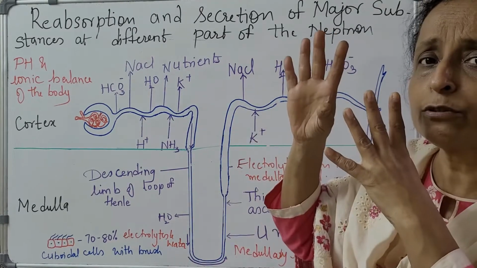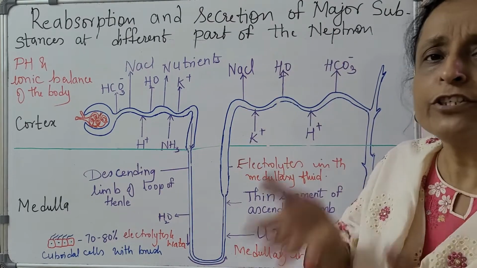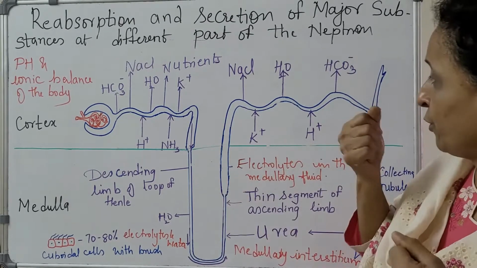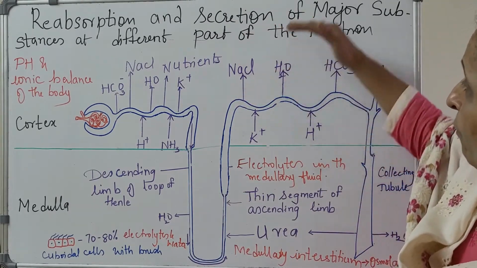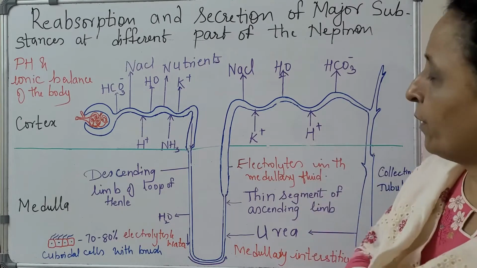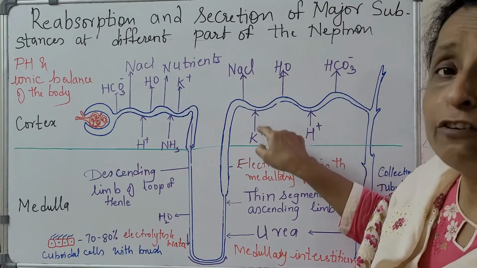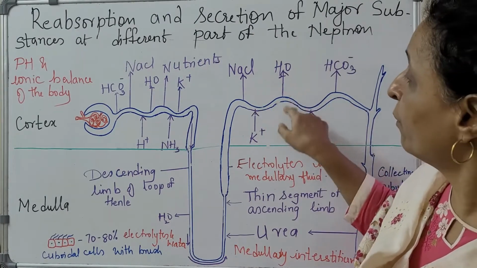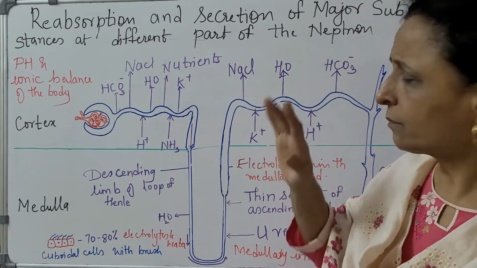Waste material has to go out, and whatever beneficial substance has to be reabsorbed. So here salt is reabsorbed, water is reabsorbed, bicarbonate is reabsorbed. Secretion of potassium, hydrogen, ammonia takes place.